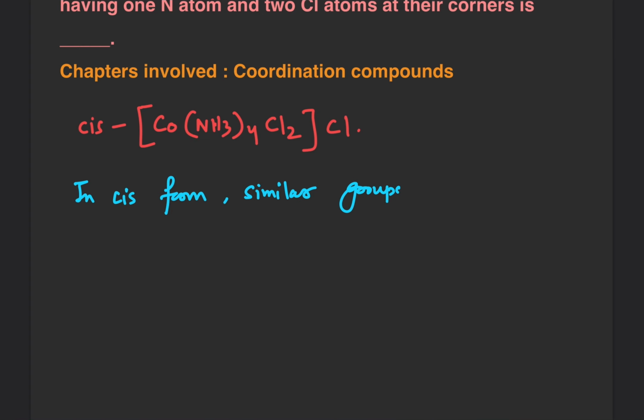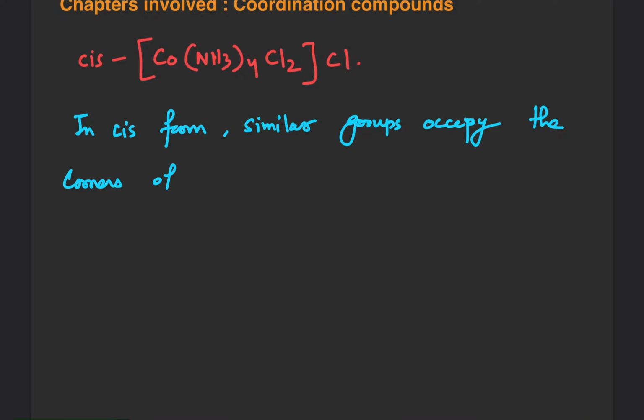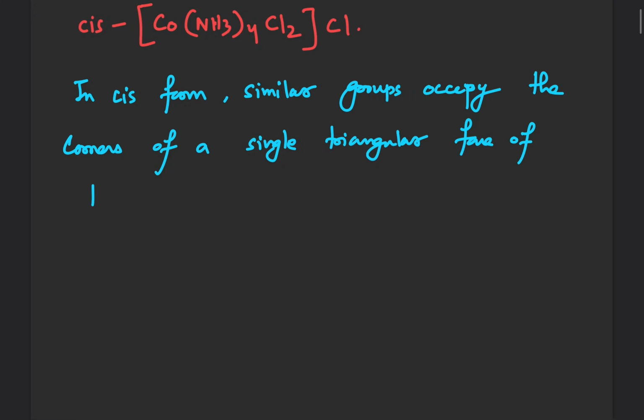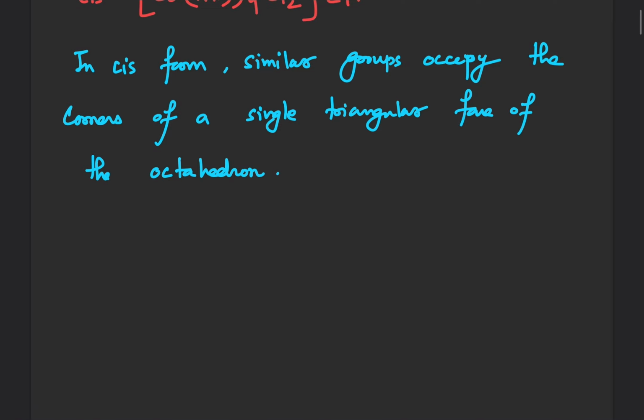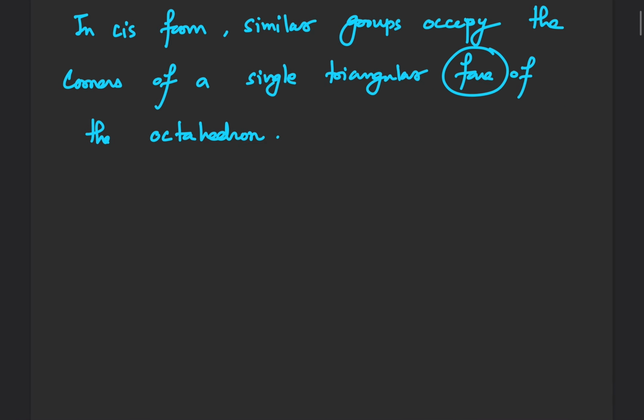And hence it is called the facial or FAC isomer, because they occupy the corners of a single triangular face.